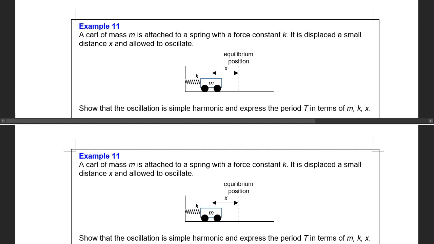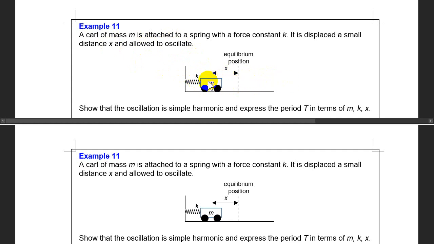Okay, example 11. A cart of mass M, here, is attached to a spring with force constant k. Initially the cart is at equilibrium position. This cart is now displaced a small distance x, so it is pulled a distance x to the left, and then released and allowed to undergo oscillation.